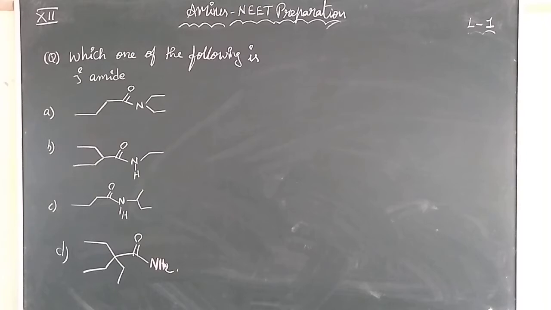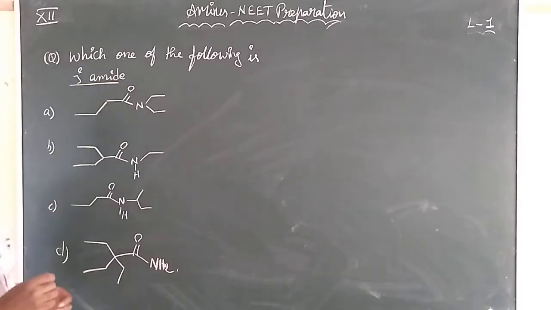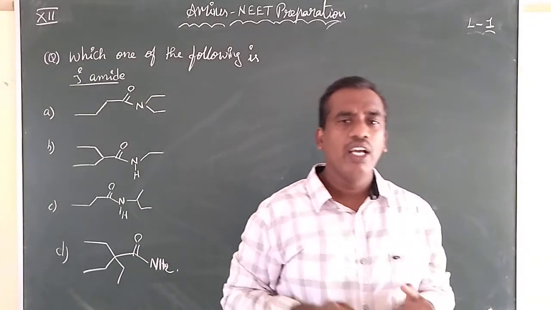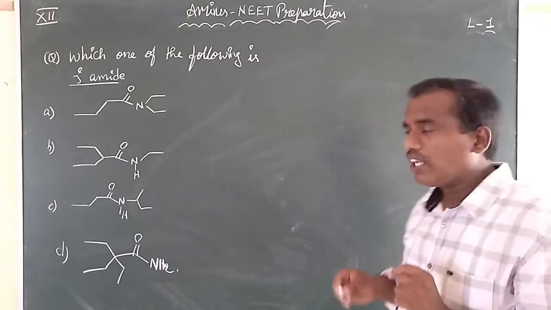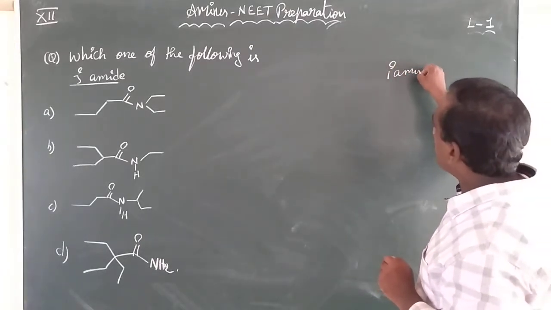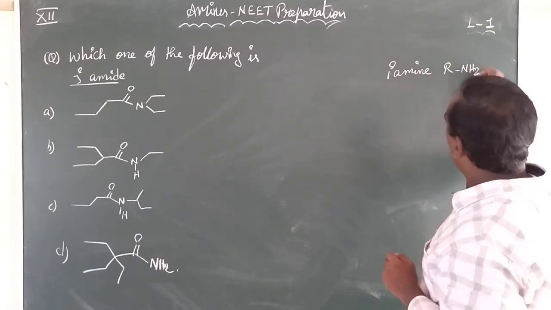See, children, one question is given here on the board: which one of the following is tertiary amine? Whenever we get the word tertiary, it refers to the central atom we are studying. In case of primary amine, what did we mention? We mentioned NH2.